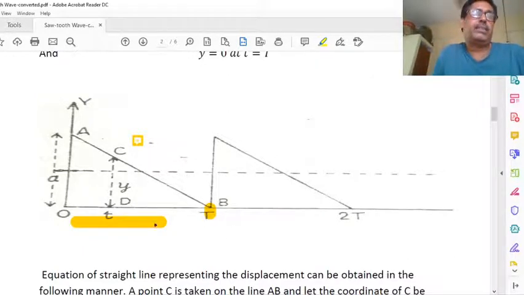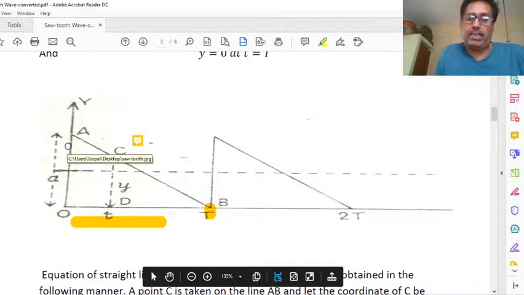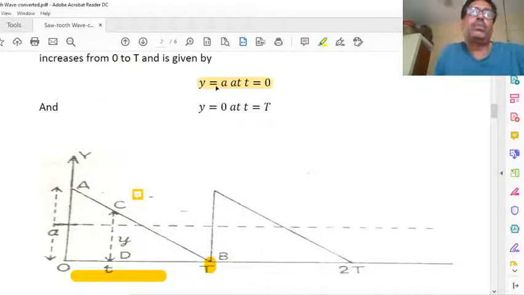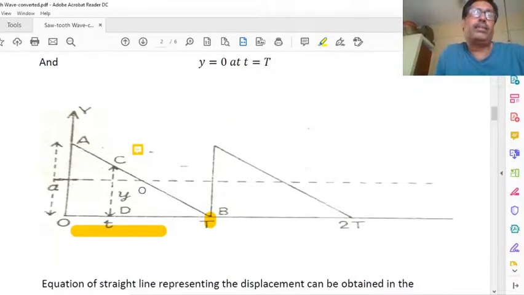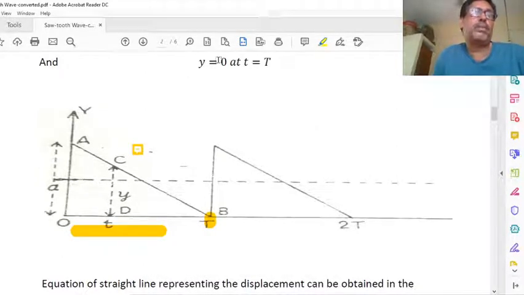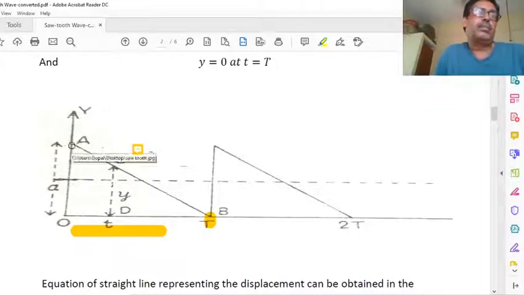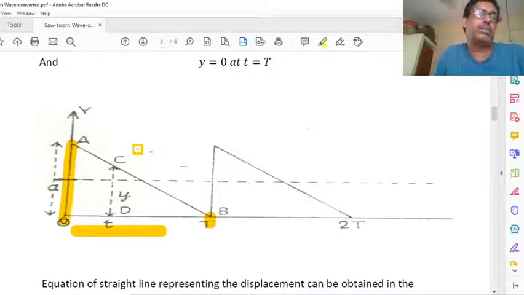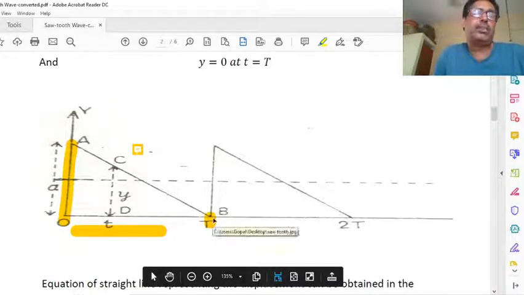So we may write, at t is equal to 0, y is equal to a, and at t is equal to capital T, y is equal to 0. I think you have no problem, because from the figure it is clear that as time increases, displacement decreases linearly.